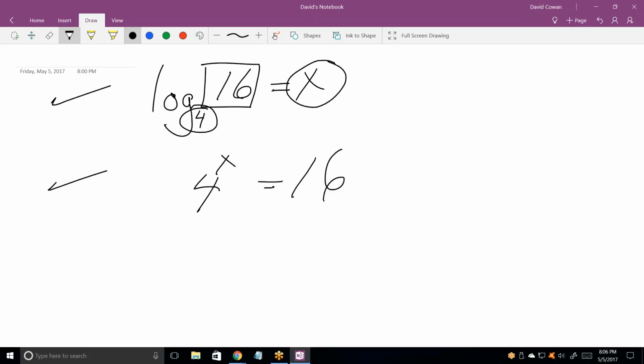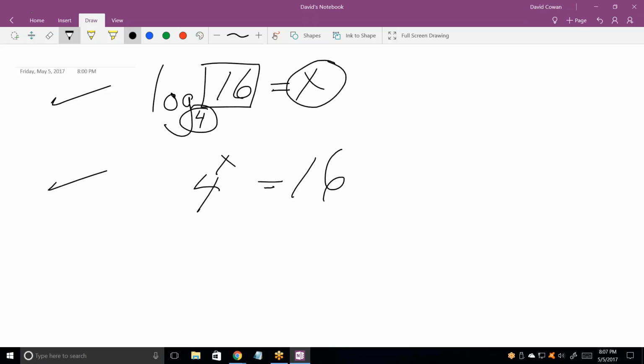It's not x to the 4? No. Here's the thing you have to remember. Logarithms are exponents. That's the only thing you have to remember, really. Well, it's not the only, but it's the most important. If you always remember that logarithms are exponents, then this x, which is on the other side of the equation of log, has to be an exponent.